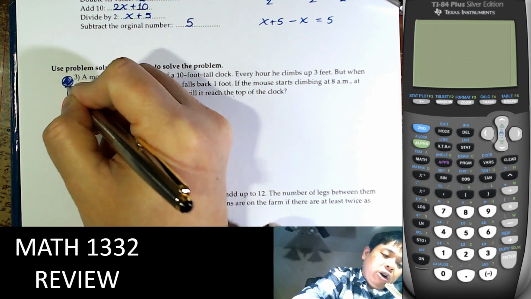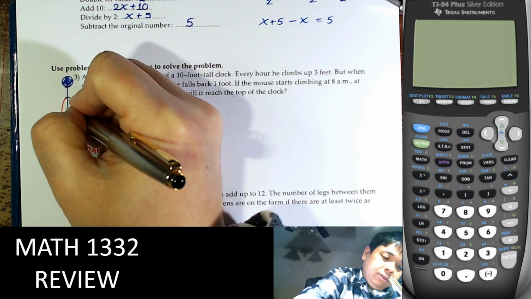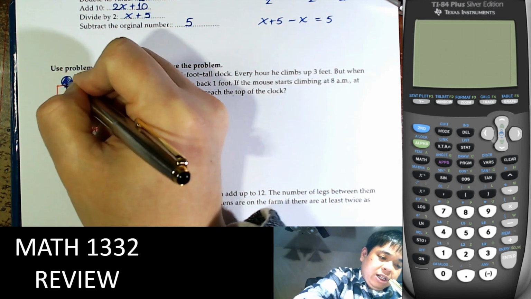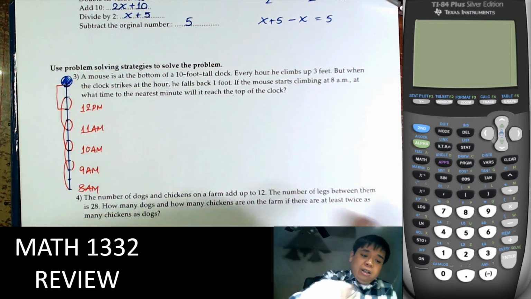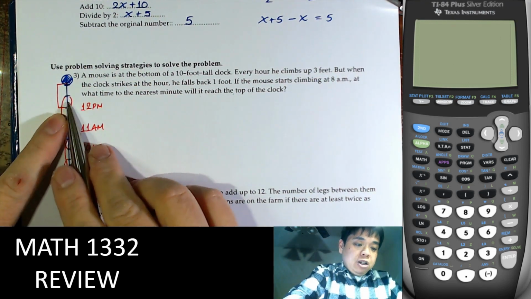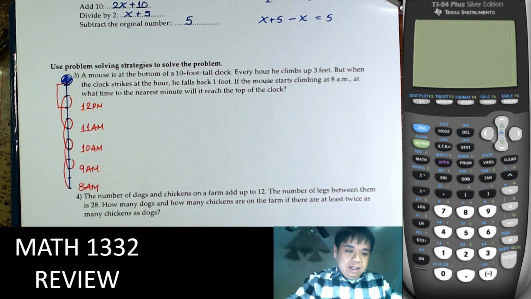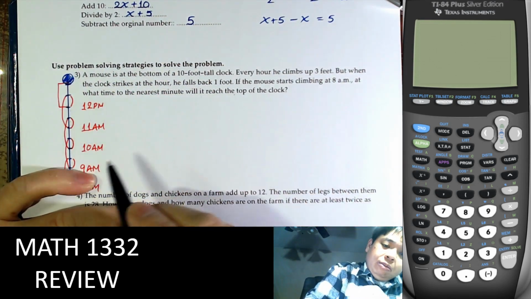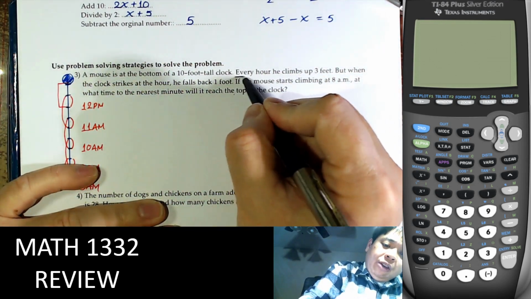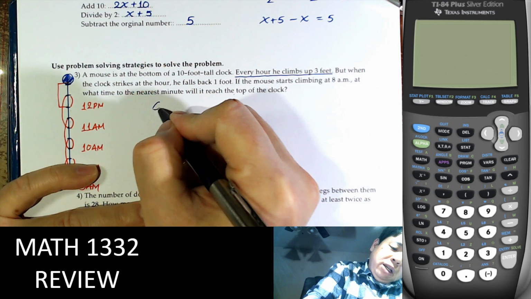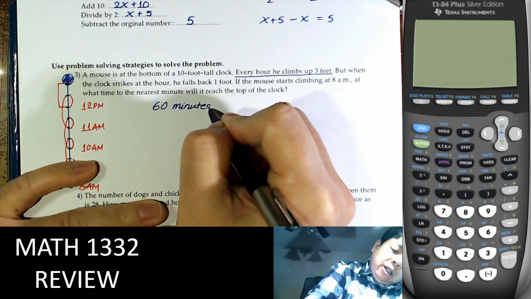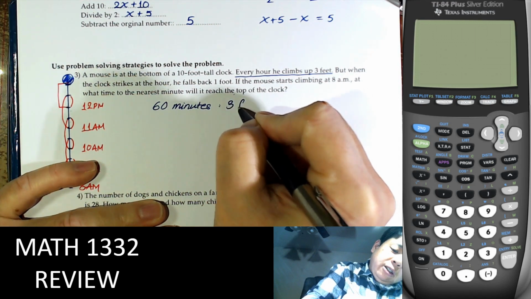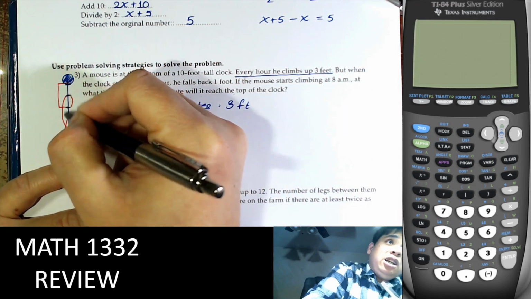And then there will be 2 more notches, and we hit the top of the clock. So this is 12 p.m. plus 2 notches, I mean 2 feet. And we said every hour, 60 minutes, he can climb 3 feet. And we only need 2 feet here.